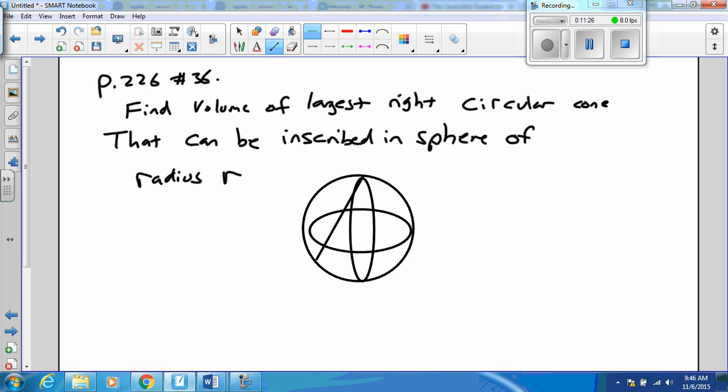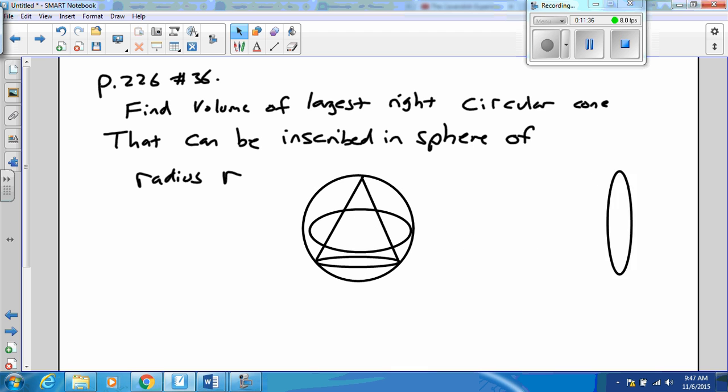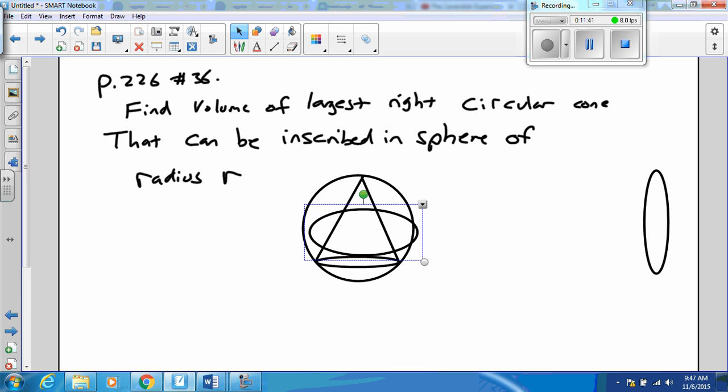So we put ourselves a cone, like so, and there it is. And so the question now is how to accomplish this. So we're going to do an argument from a picture, and we're going to need to take our diagram and mark it up.